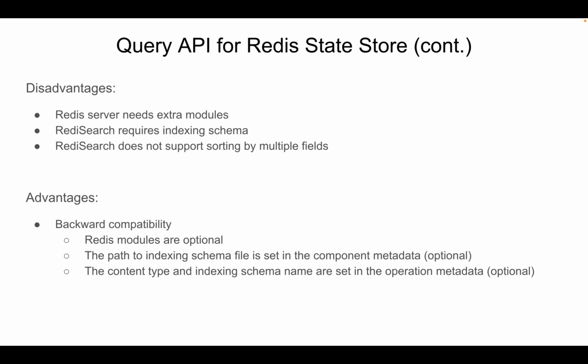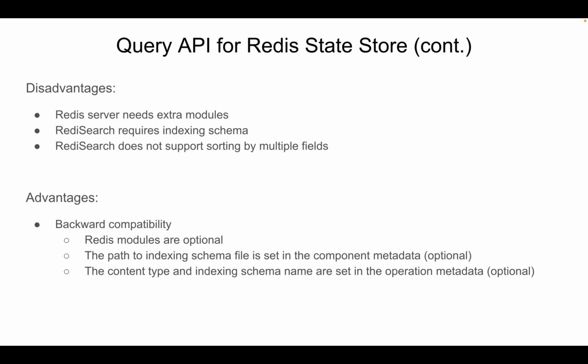Advantages. The main advantage is that with this implementation, we don't break what we currently have in Redis store. So the modules are optional. If a user doesn't want to query JSON objects, then it will work without the modules because we won't invoke that functionality. The path to the indexing schema could be stored in a file and passed by metadata to the component, and it's optional metadata.